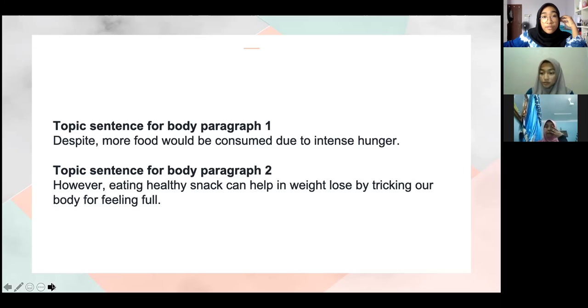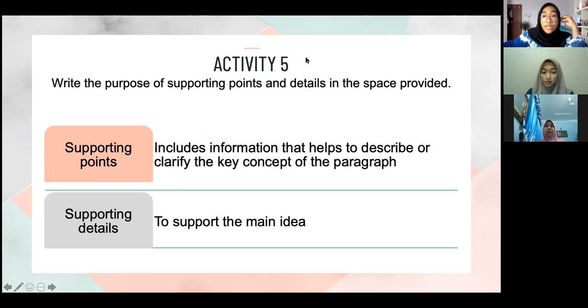Okay, I'll continue with activity 5. For activity 5, it asks to write the purpose of supporting points and the detail in the space provided. So the purpose of supporting points is that it includes information that helps to describe and clarify the key concept of the paragraph, and the supporting details are to support the main idea.